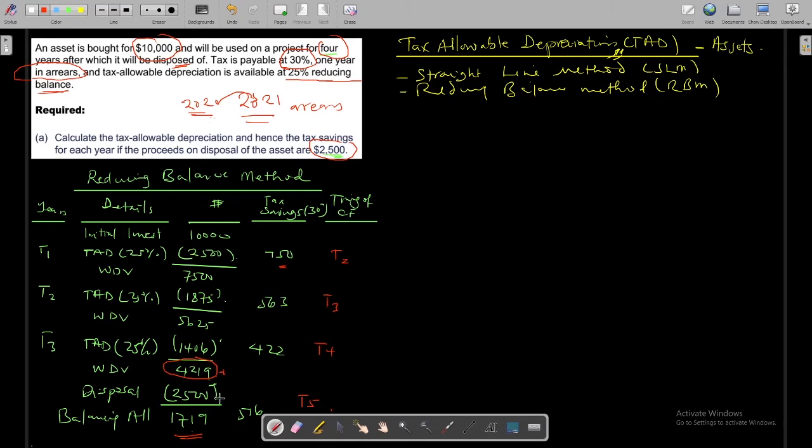However, since the asset is no more new and we've used it for over 3 years, if you go to the market to sell the asset, we only recover 2,500. So it means we've lost an amount on the sale of the asset, and that amount we've lost is given to us as capital balancing allowance, of which we are going to get a savings of 516.